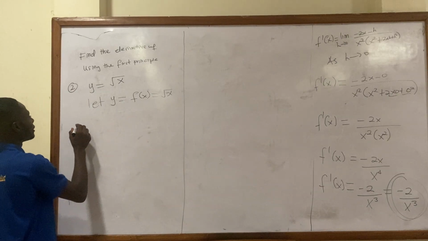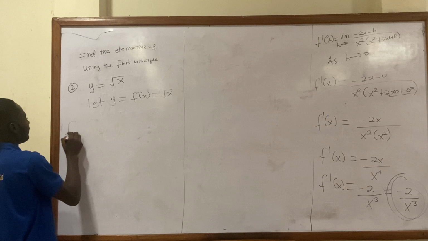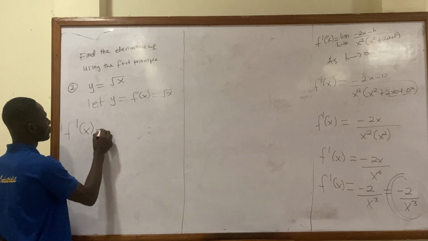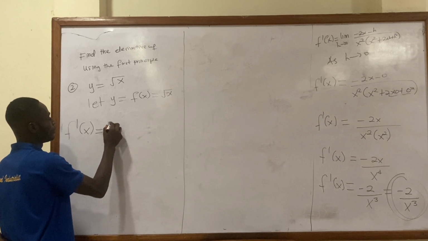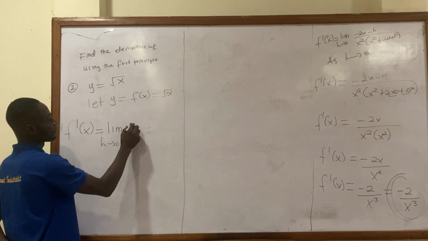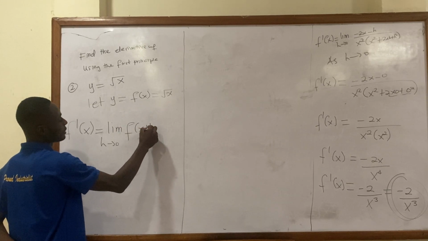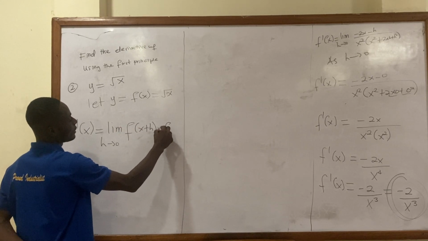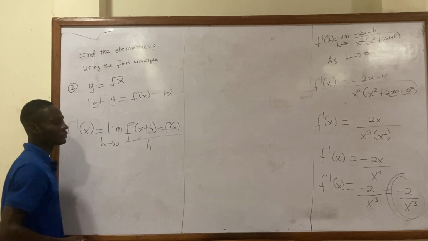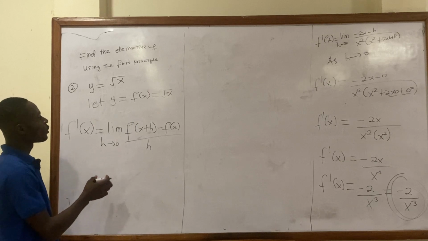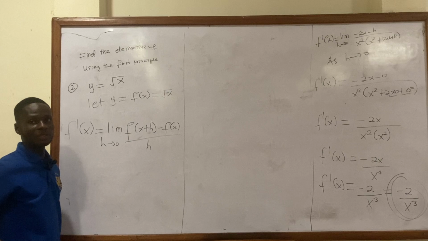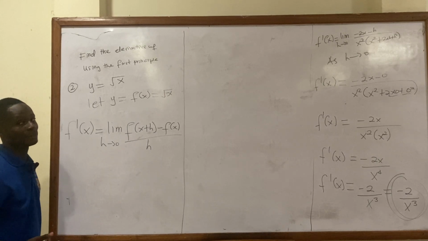So from here, we can say that the first principle is equal to limit as h approaches 0, f of x plus h minus f of x over h. So what we do is that wherever we see x, we add h to the expression.